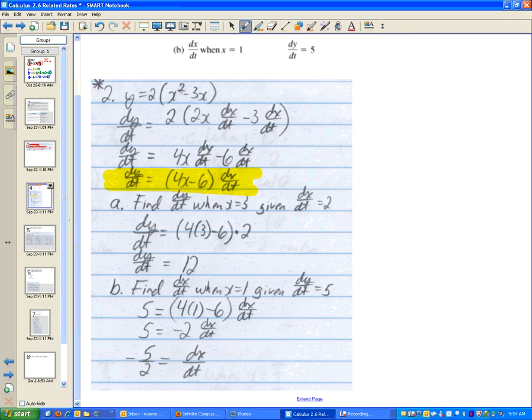Now, related rates are the kinds of problems that really can just twist you in a knot. They really can. And the problems that I'm going to assign you are ones that I think you have a reasonable chance of success on.